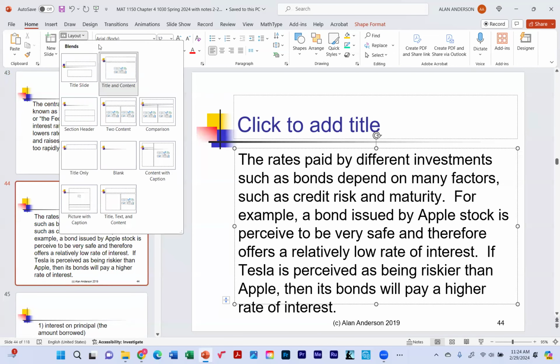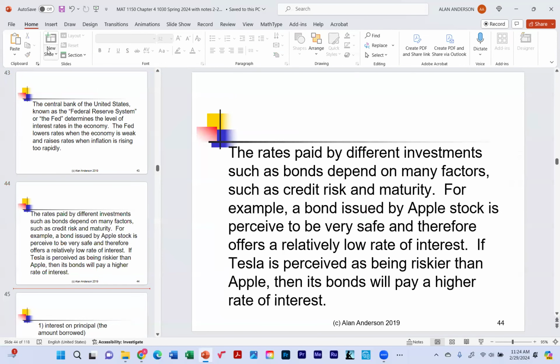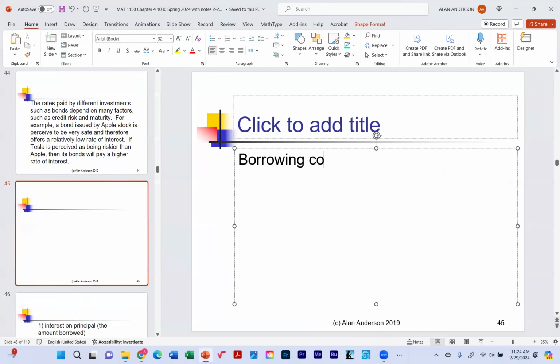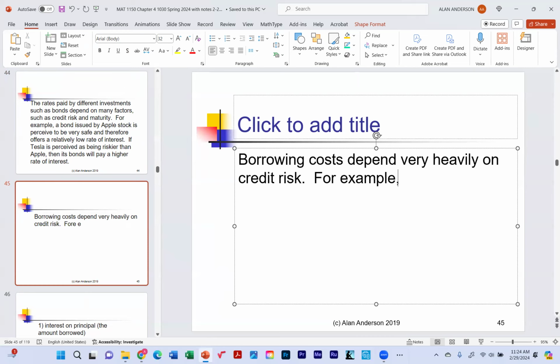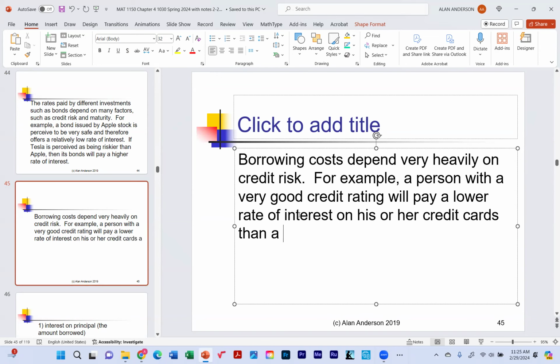And as far as your borrowing goes, borrowing ultimately depends on credit risk. So for example, a person with a very good credit rating will pay a lower rate of interest on his or her credit cards than a person with a very poor credit rating.